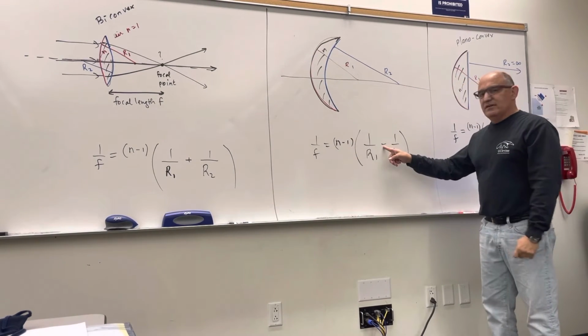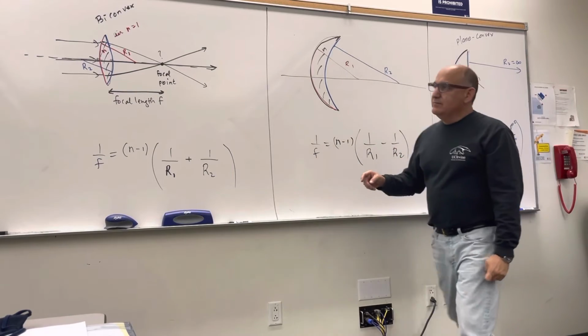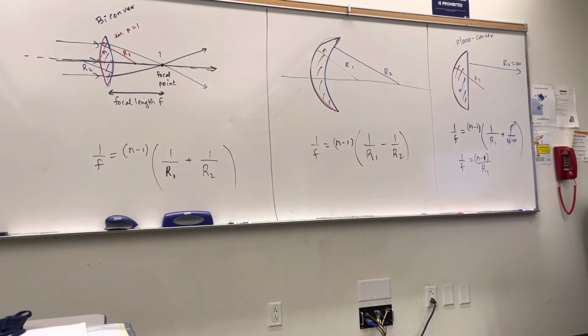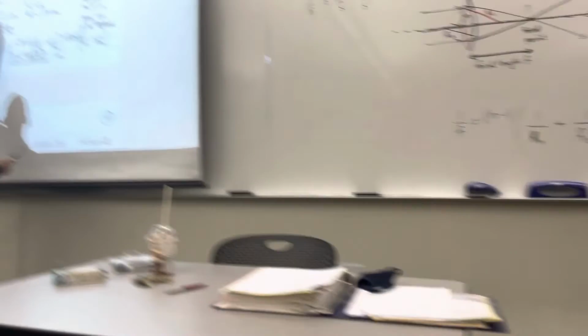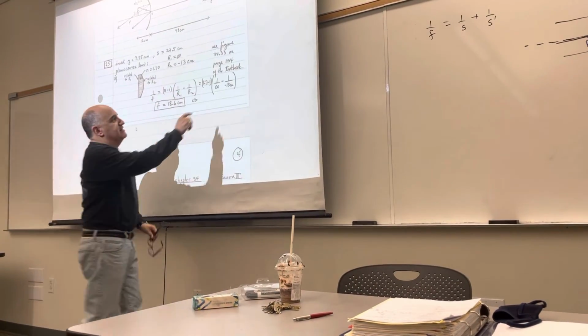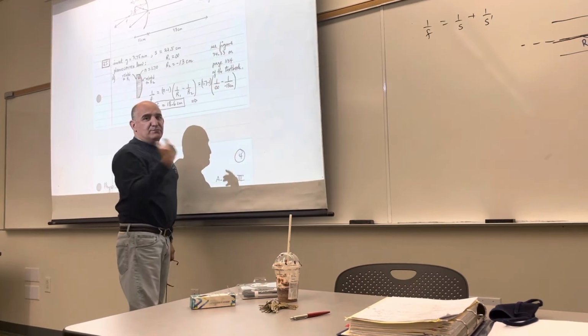But see, it's minus 1 over negative 13 centimeters. This is the formula, right? If it's curved like this, then it's positive, and if it's curved like that, then it's negative. Then you put in negative. Notice, this negative and this negative makes it positive.